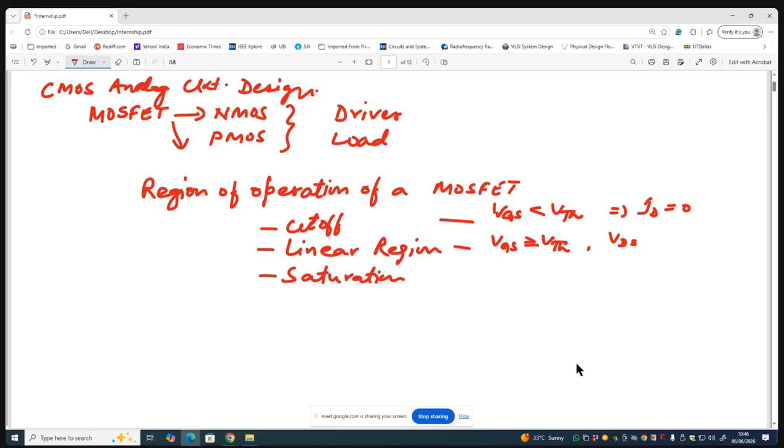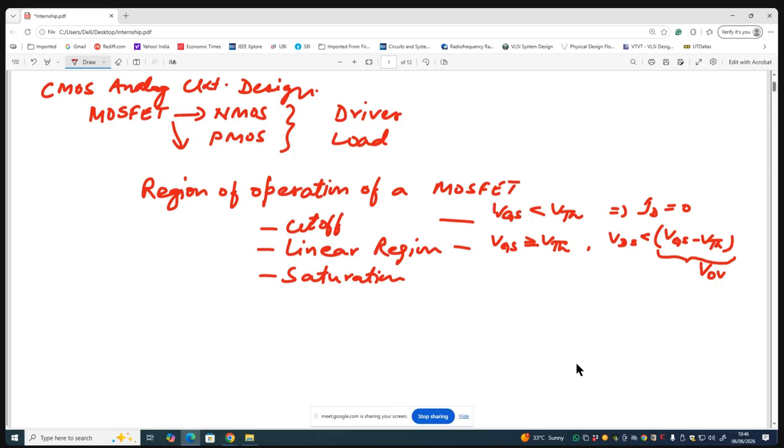Yes, sir. It shall be less than VGS minus VTH, right? And this VGS minus VTH is also referred to as VOV. This is a very important terminology that you will often be referring to.